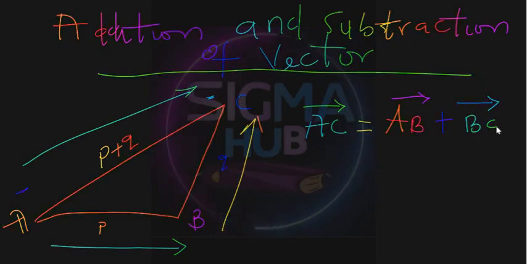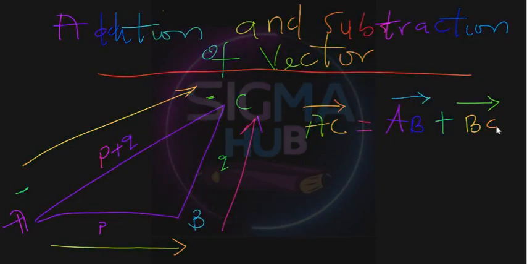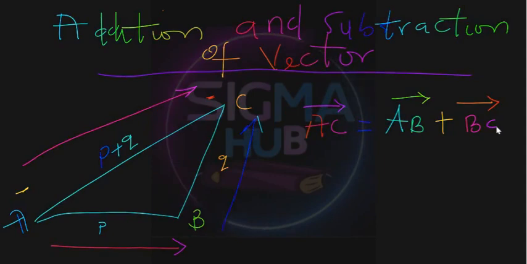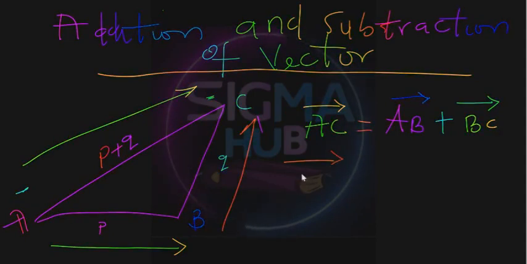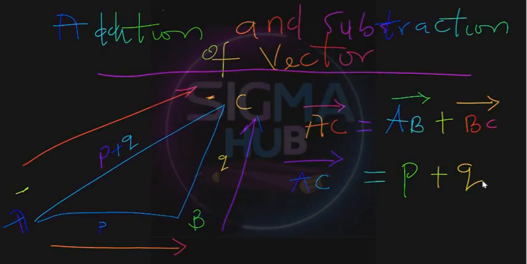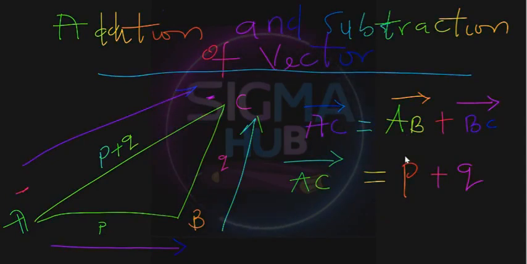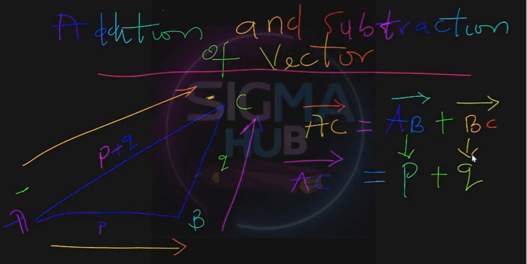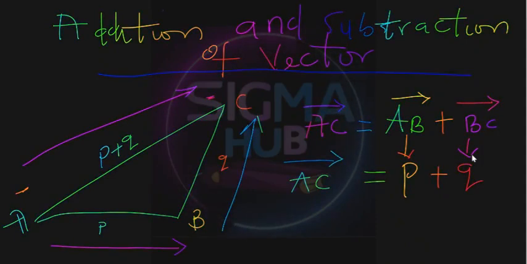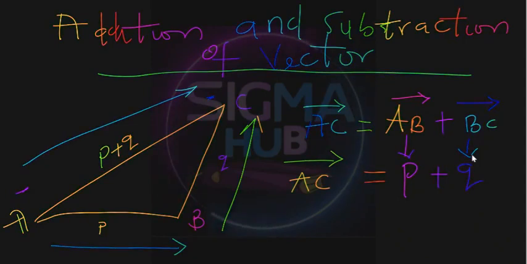And as a result, just like I've represented AB as P and BC as Q, it automatically means that AC is definitely going to be P plus Q. That's the reason we have that our AC here is P plus Q, because I've represented AB with P and BC with Q. So substituting them into this, we have AC is P plus Q.